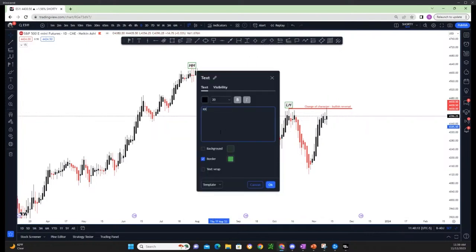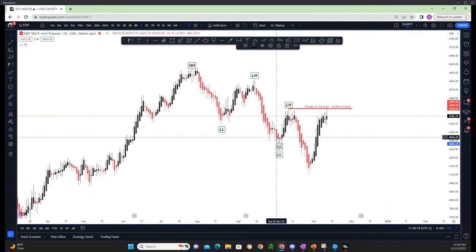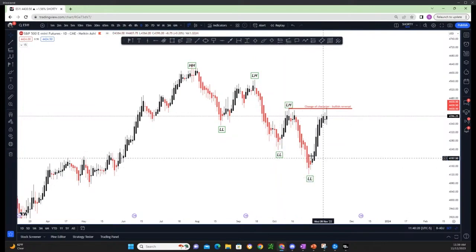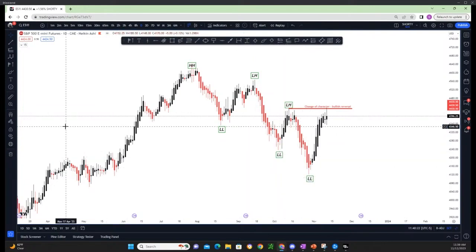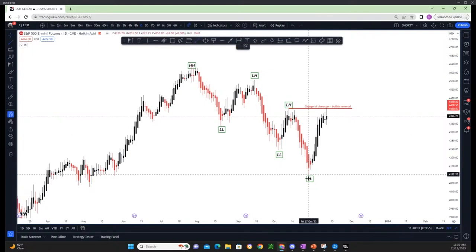This will tell me if you guys are following or not. Where's the break of structure here for the bearish trend? The last lower low. That is correct.